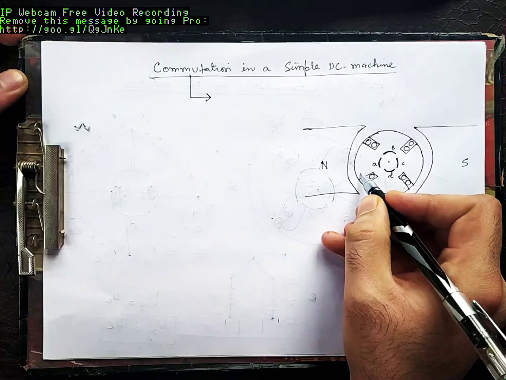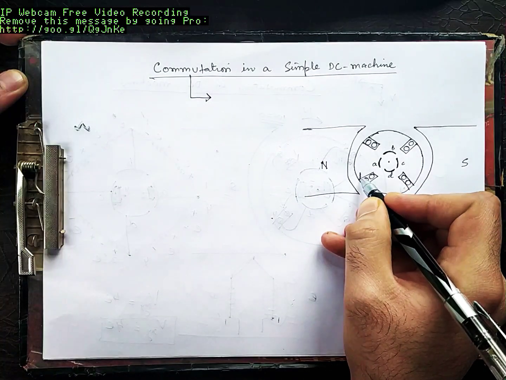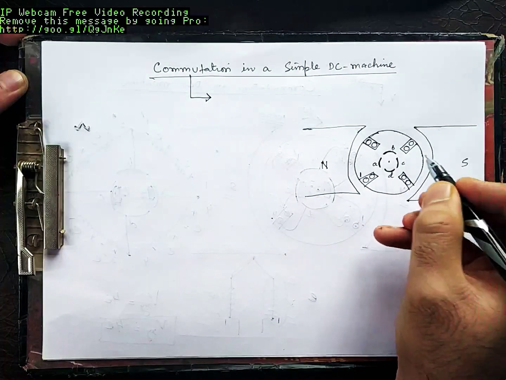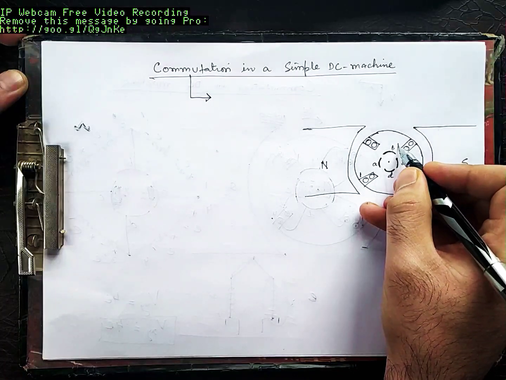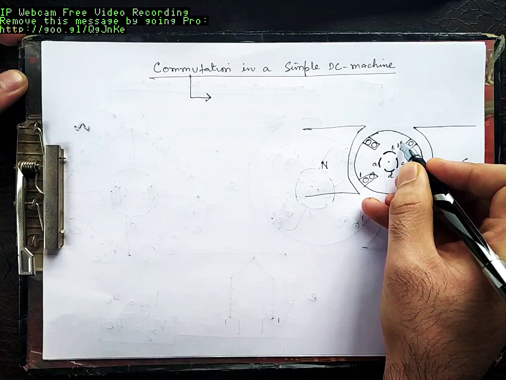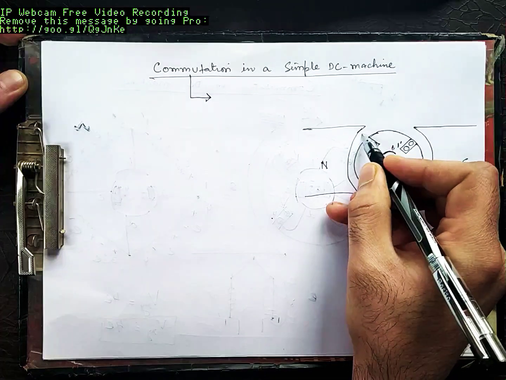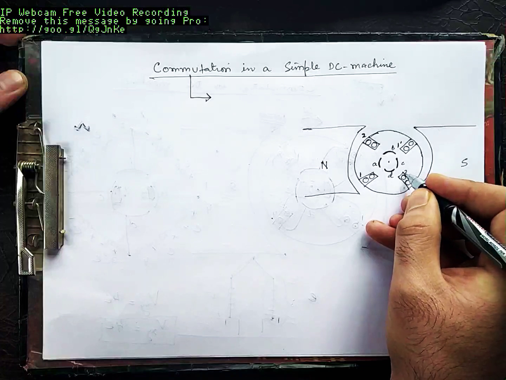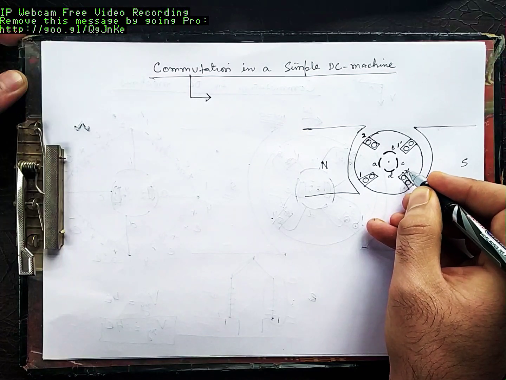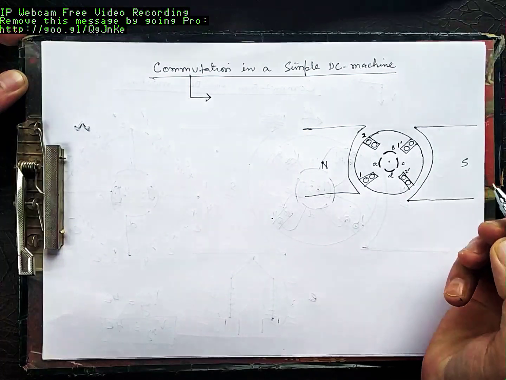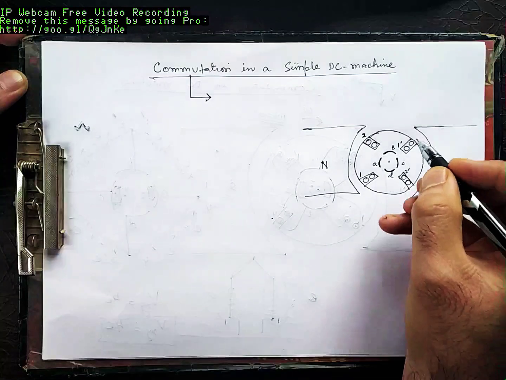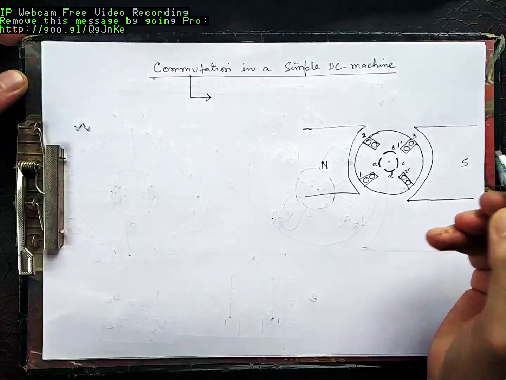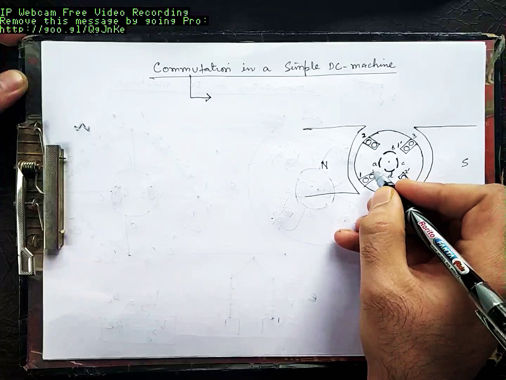Suppose this is coil 1. This is the other side of the same coil 1, that's 1 prime. If this is 2, then this is 2 prime. If this is 3, then this is 3 prime.